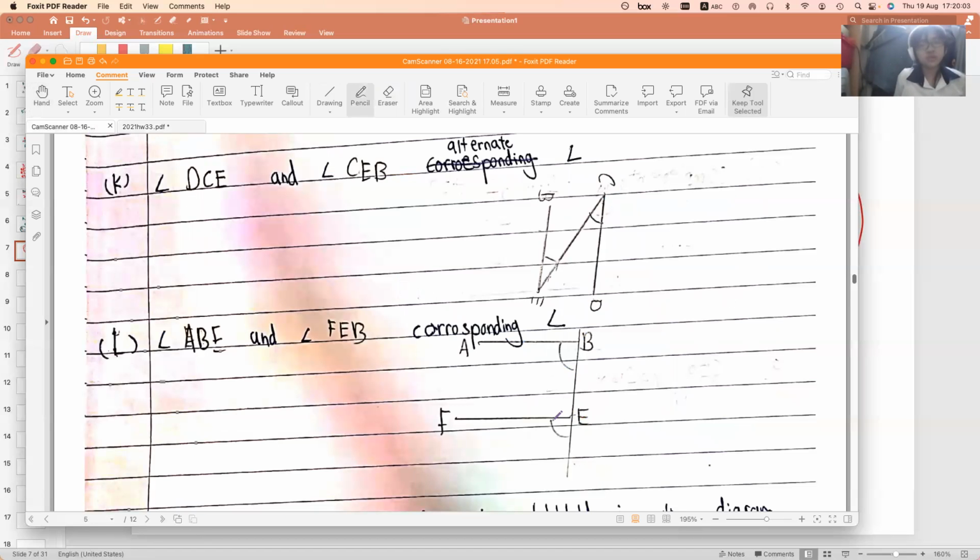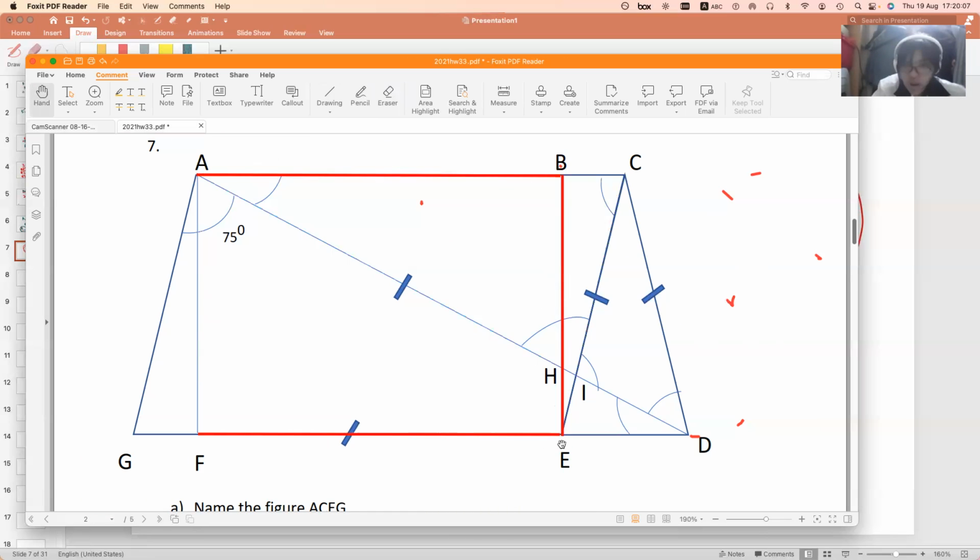A, B, E, F, where got angle below? 有 angle 咩？这里没有嘞。Hello. Here no angle leh. There is an angle here, yes, but there is no angle here leh. How can you say B, E, E, F? How can you say?